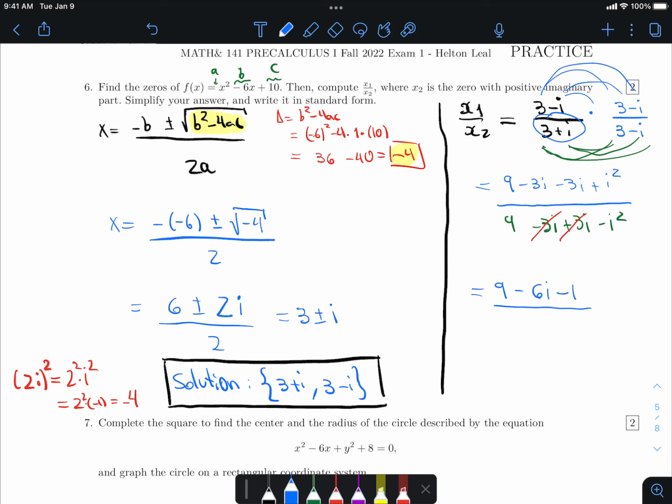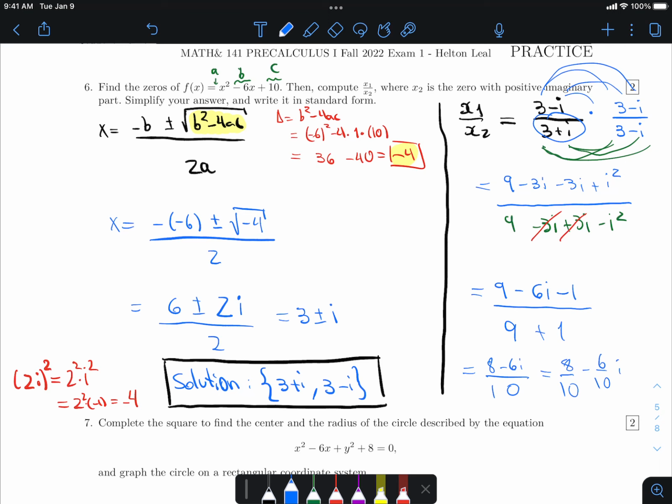And then at the bottom, a 9. This is minus 1, so plus 1, because i squared is minus 1. So finally, this is an 8 minus 6i over 10. So I can divide each separately. So 8 tenths minus 6 tenths i.